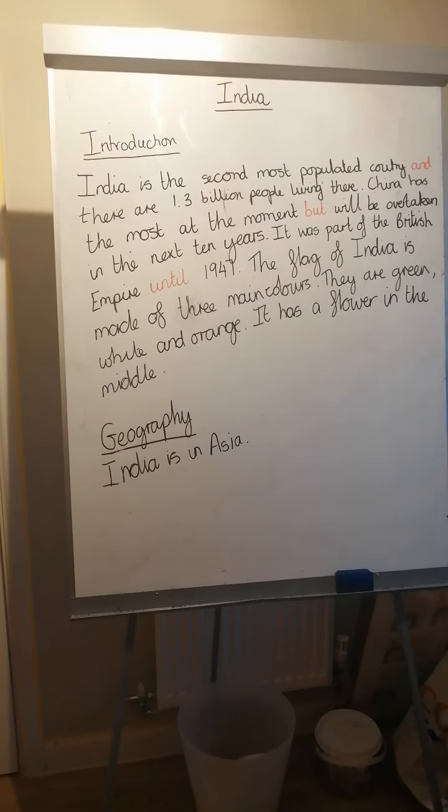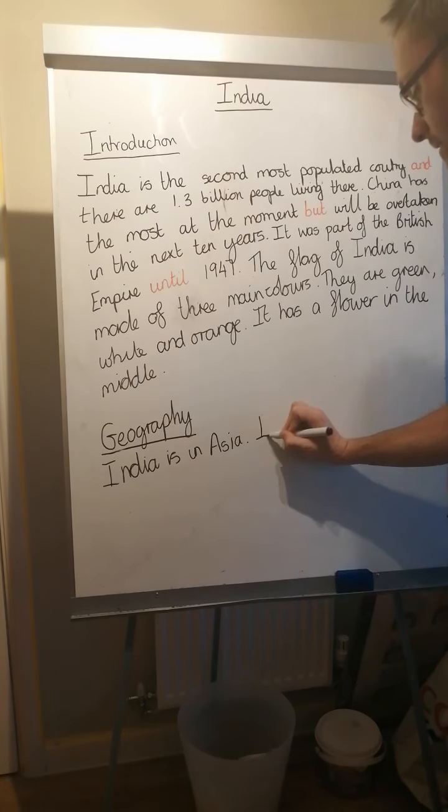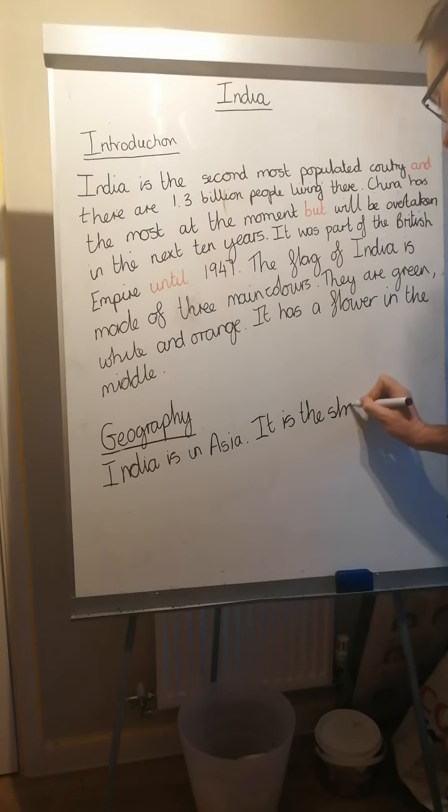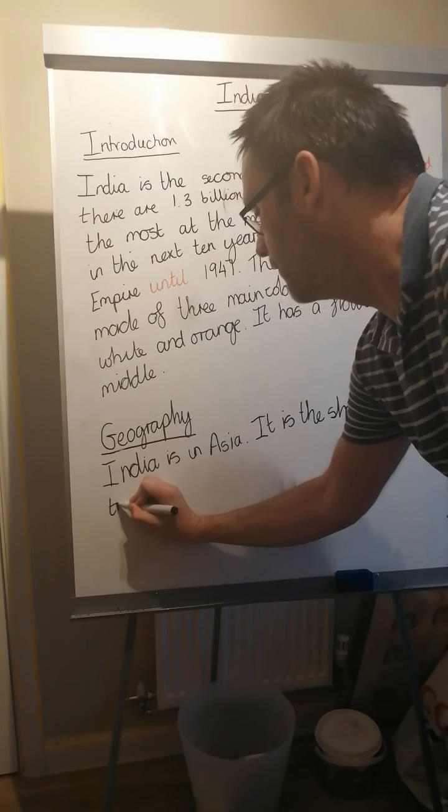Okay, what else do we want to know about India? Well, what kind of shape is it? Okay, it's shaped like a triangle or shaped like a tooth. You can choose whichever one you want. It is the shape of a triangle.